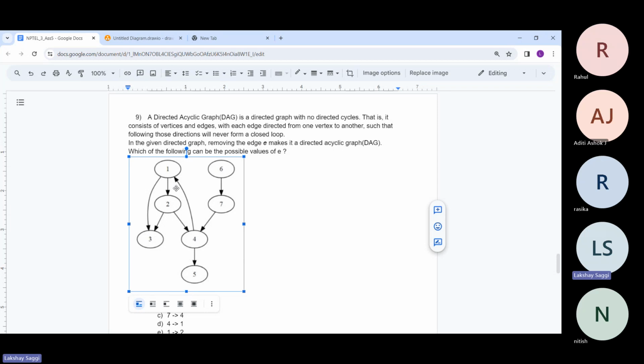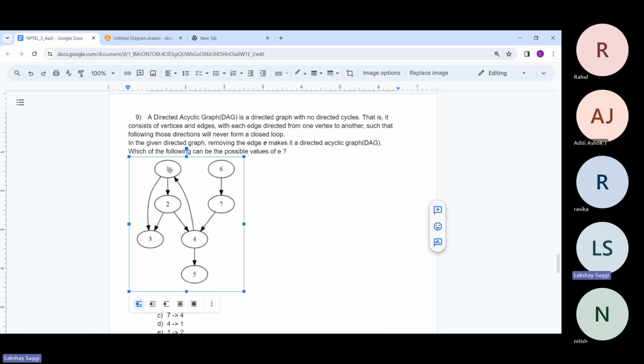We have to remove only one edge, such that removing that edge results in a directed acyclic graph. So from this graph, which edge should we delete so that it becomes a directed acyclic graph? Note that this is initially not an acyclic graph because there exists a cycle: 1, 2, and 4 is a cycle in the graph.